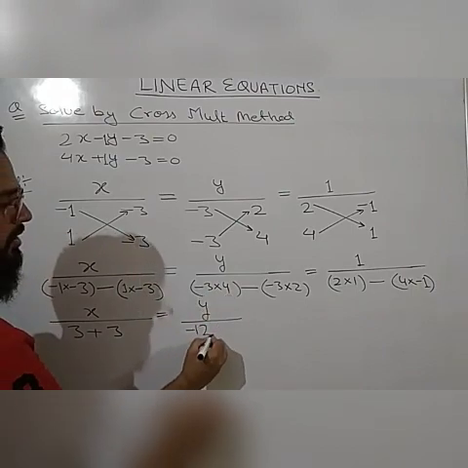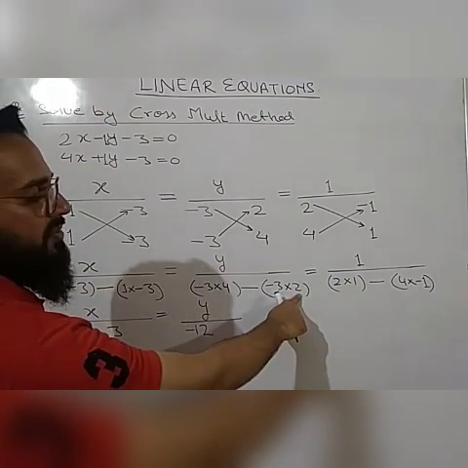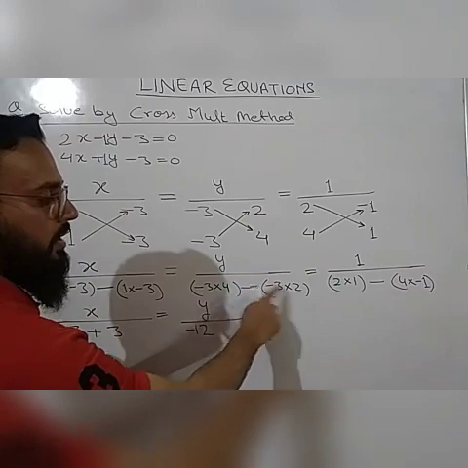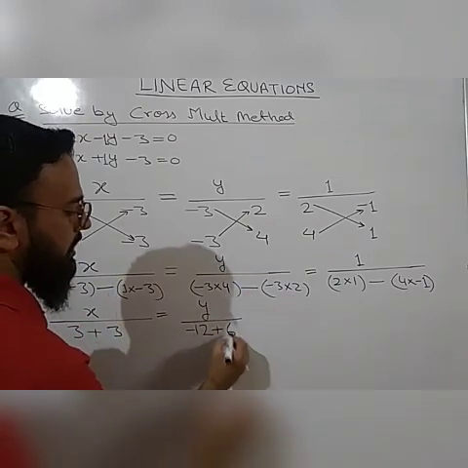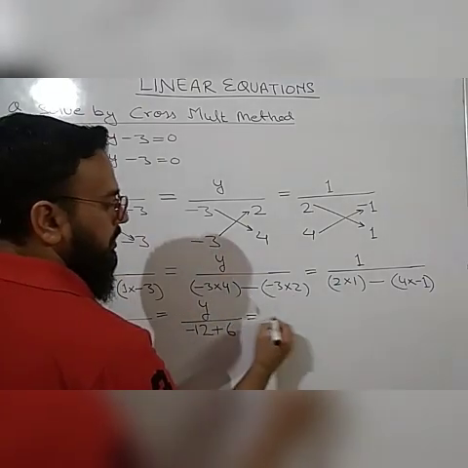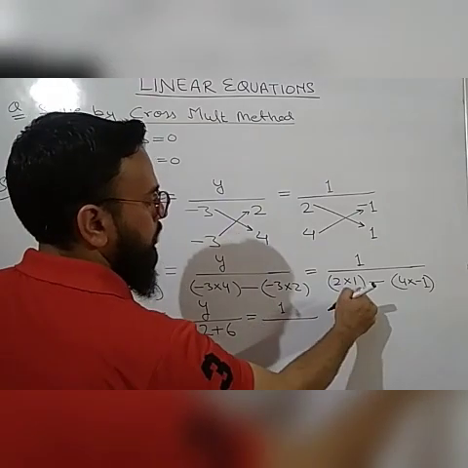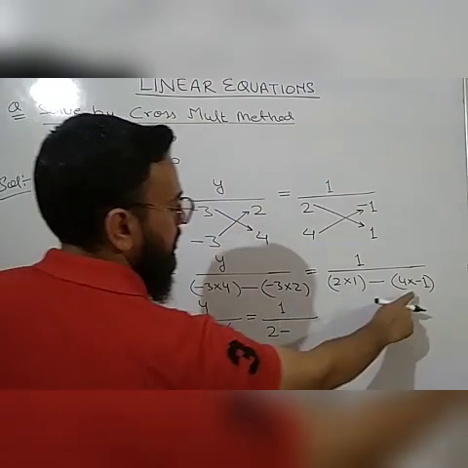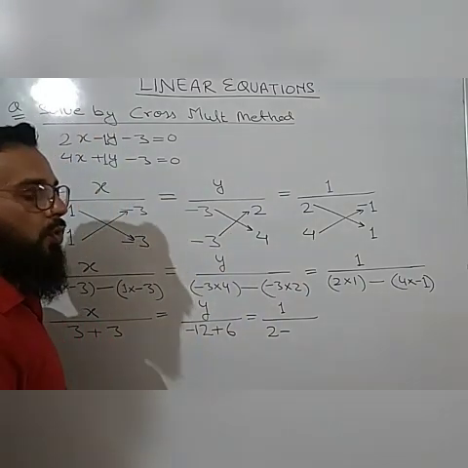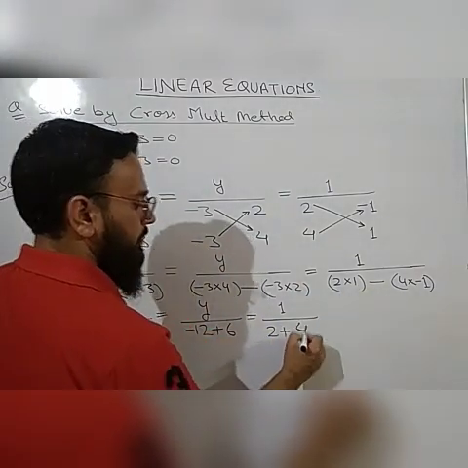It will be minus 12. Minus 3 into 2 will be minus 6, and this minus will enter inside, so it will become plus 6, is equal to 1 upon 2 ones are 2, minus 4 into minus 1 will be minus 4, and minus minus will be plus 4.